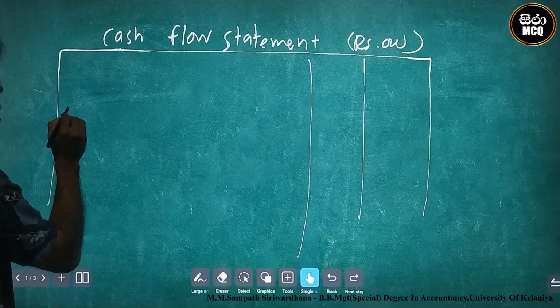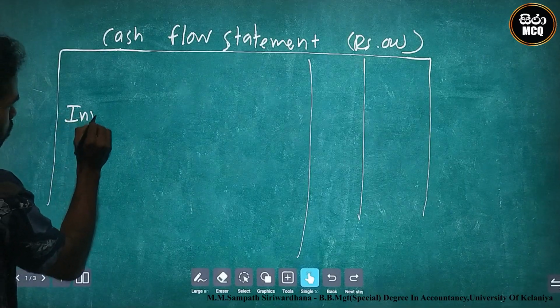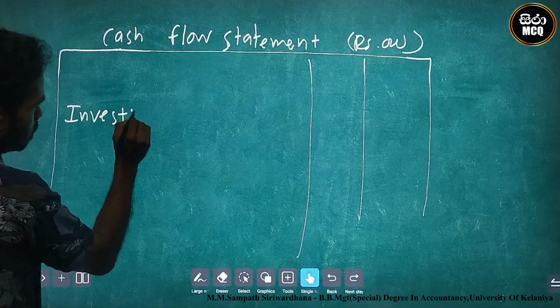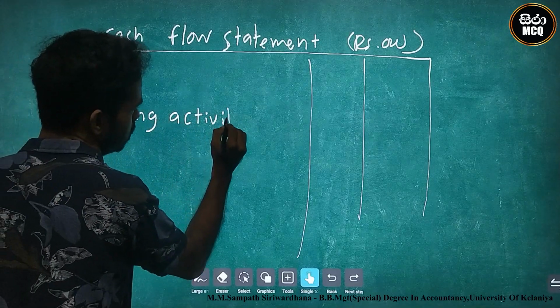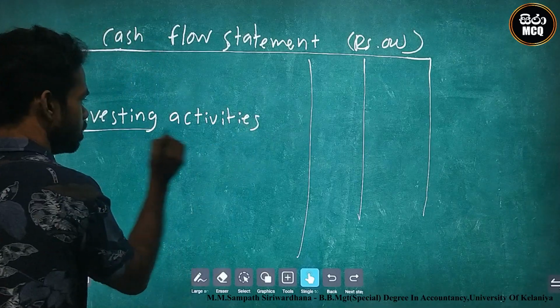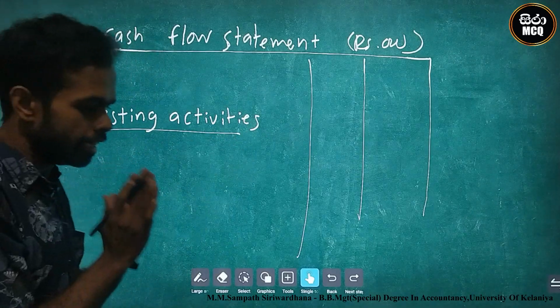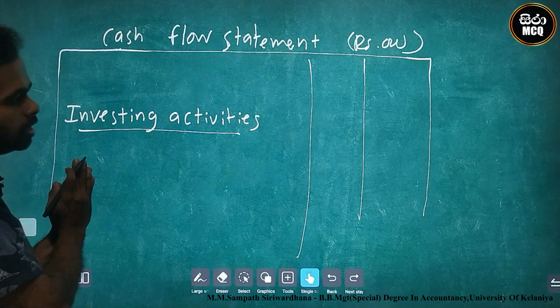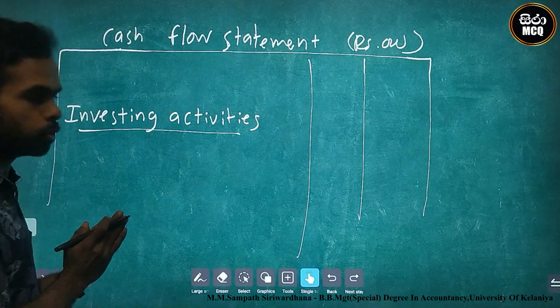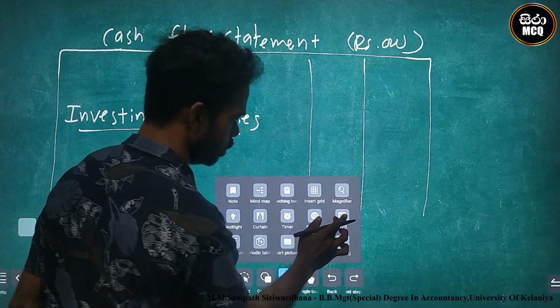This is the investing activities section. Therefore, we must get the net effect, meaning the total investing activities final result. Okay, therefore I read the question.